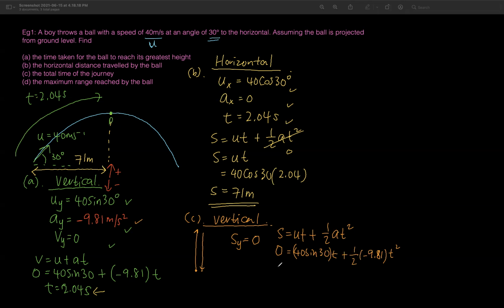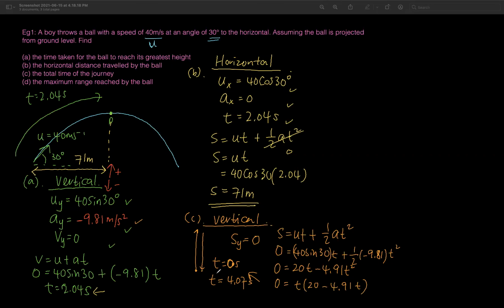Simplify this, I get 0 equals to 20t minus 4.91 t square. So you should have two answers. So 0 equals to t(20 minus 4.91 t), factorize，然后你拿到你的 t 是 0，还有你的 t 是 4.07 second.